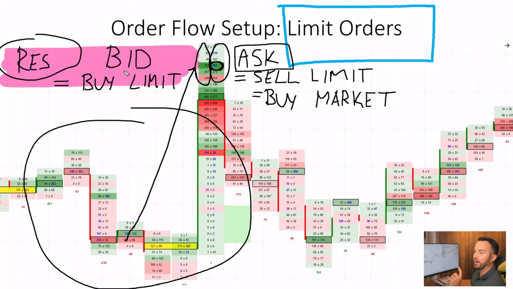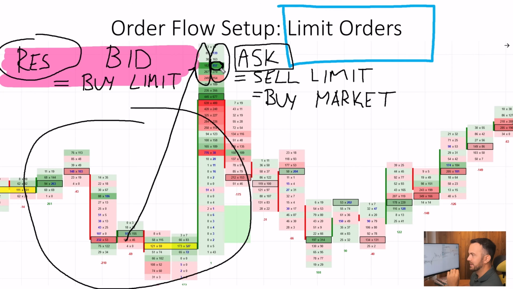Now remember, we are at a resistance. So if somebody big, probably some institutional trader, jumps in with their trade in here, is it wise to enter a long when the price reaches a resistance? It makes no sense, right? Makes no sense.